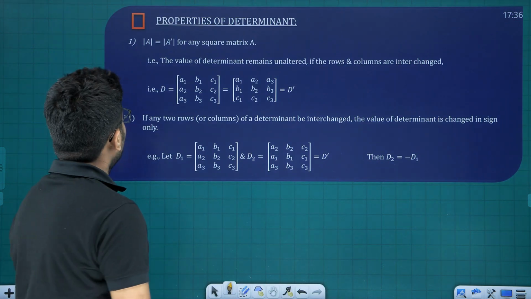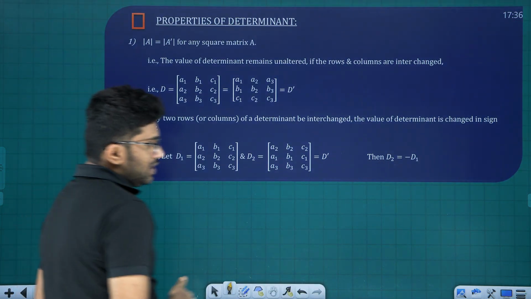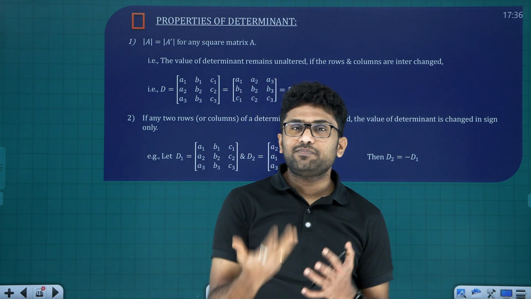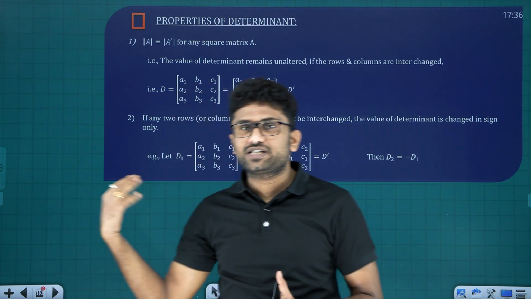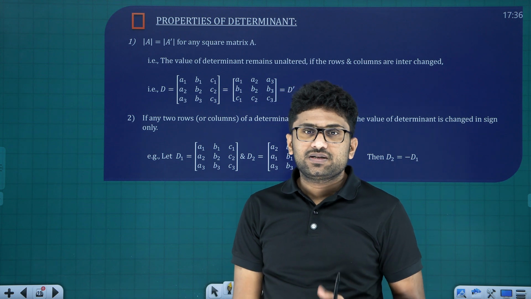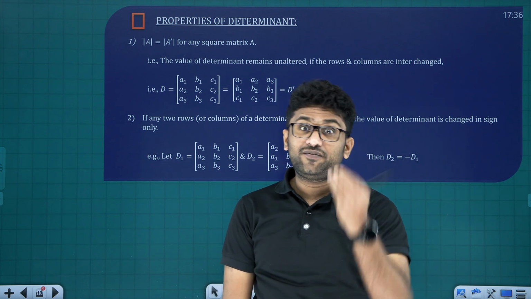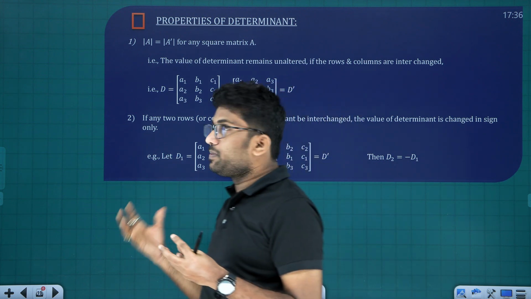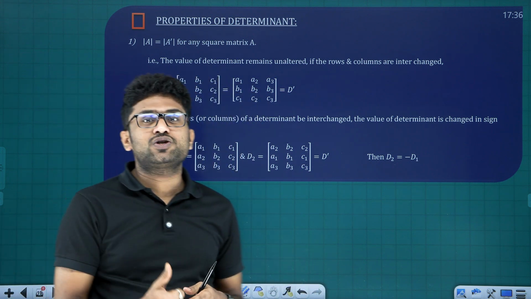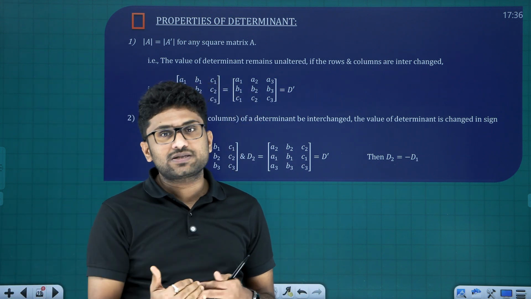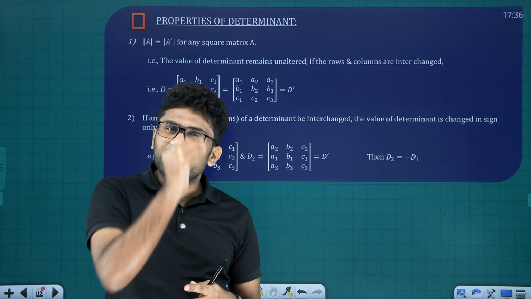Next, properties of determinant. In simplifying determinants, because in the majority of cases, now we know how to expand a determinant, sometimes the entries will be much lengthier or higher values. In that case, direct expansion of the determinant will be time taking and lengthy.